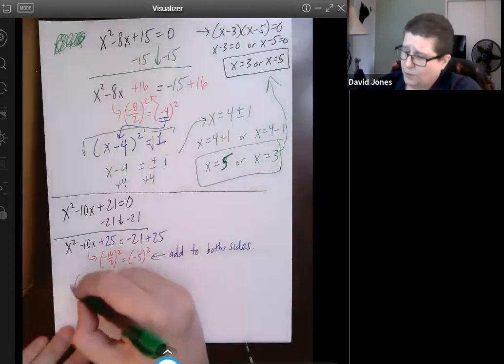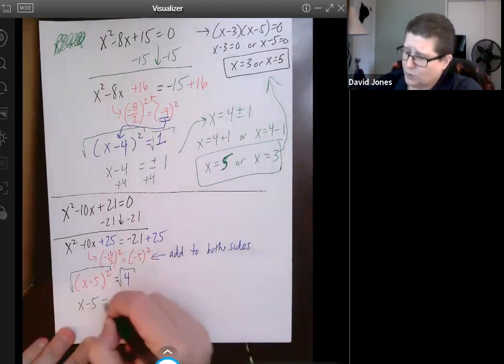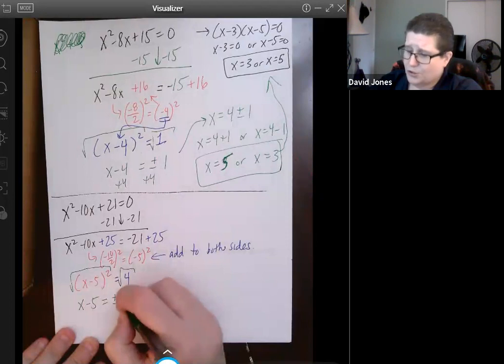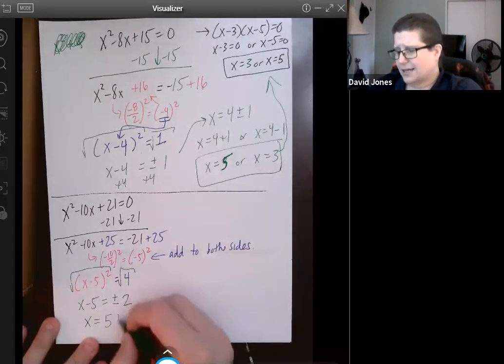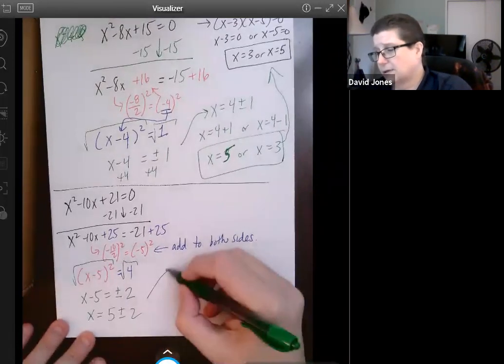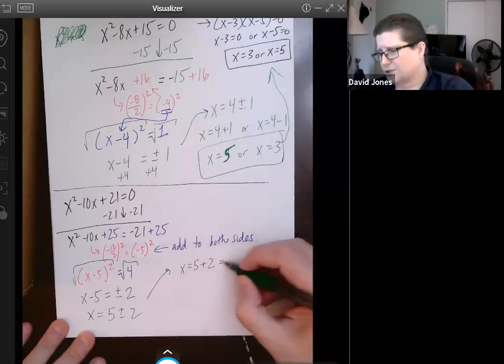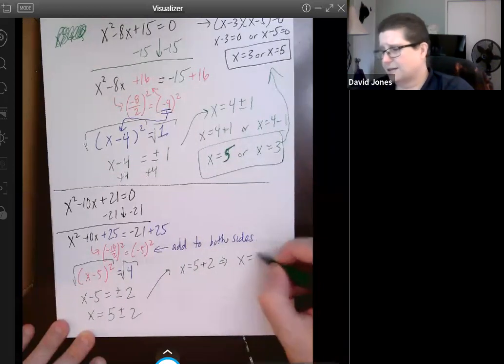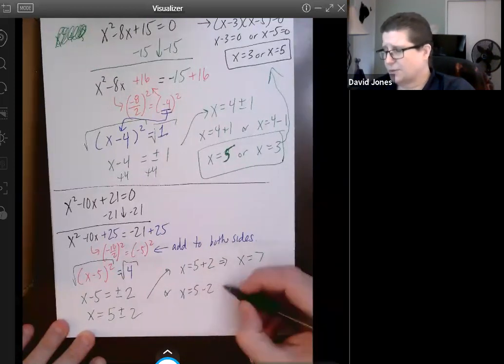If I take the square root of both sides, I get x minus 5 equals plus or minus the square root of 4, which is 2. Add 5 to both sides, I get x equals 5 plus or minus 2. If I do the positive one, x equals 5 plus 2, I get x equals 7. Or I could do x equals 5 minus 2.